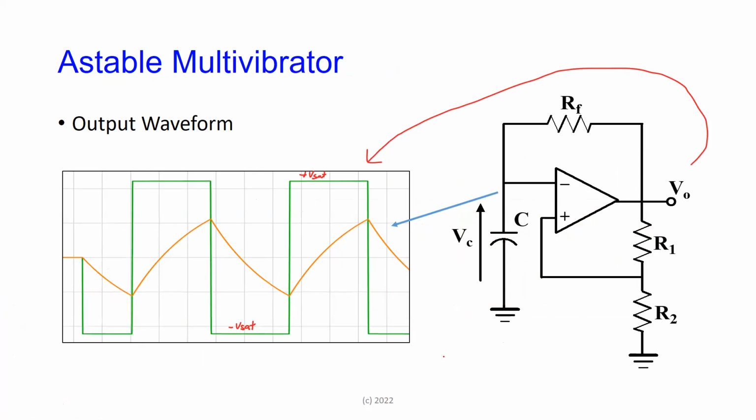Good. So at the point I've switched on the unit, we assume that the capacitor has 0 volts. So when I just switch on, I have 0 volts here. The capacitor is discharged, the output is discharged, right? Because it's electronic circuits that we're dealing with, there are very small leakage currents around.